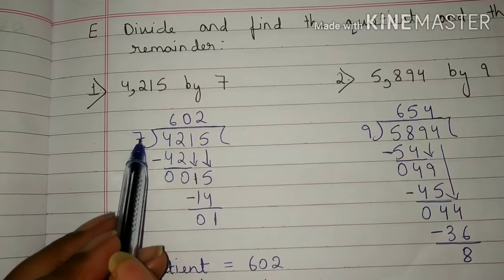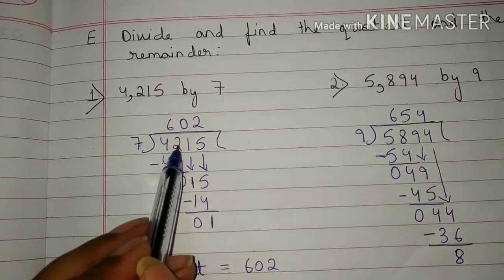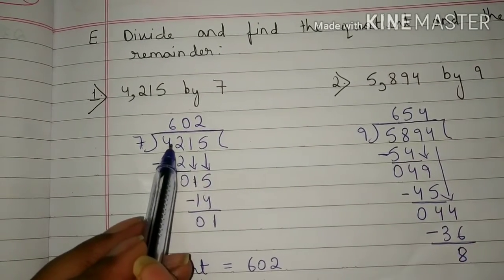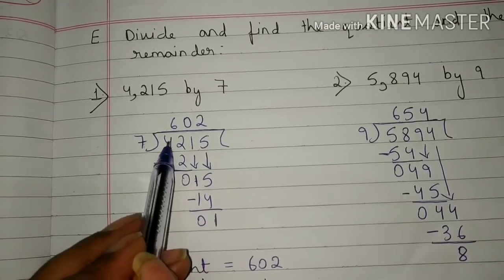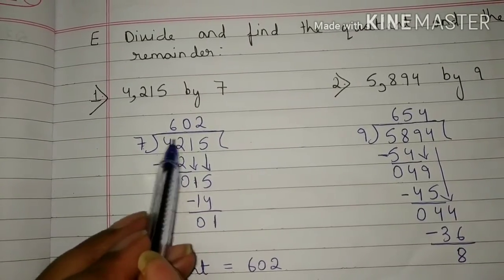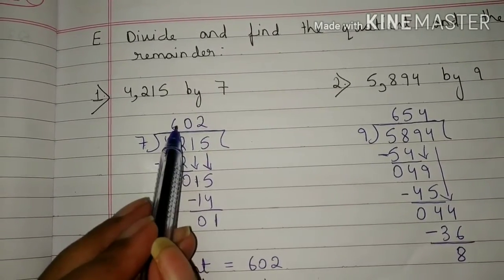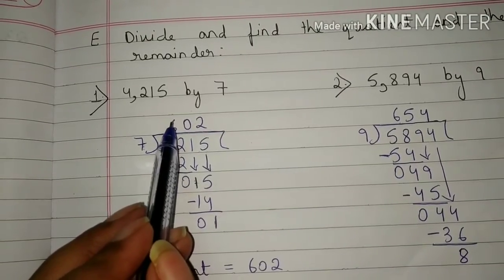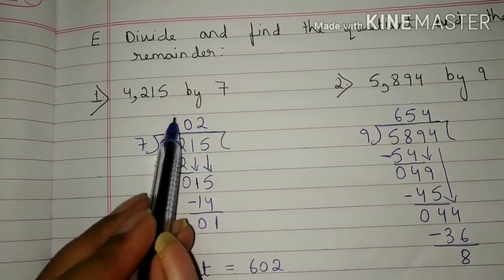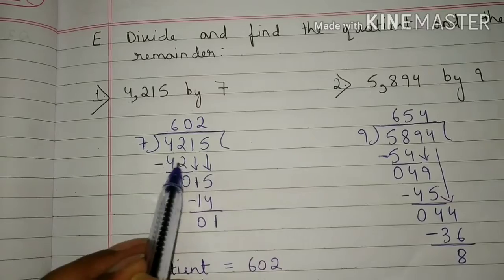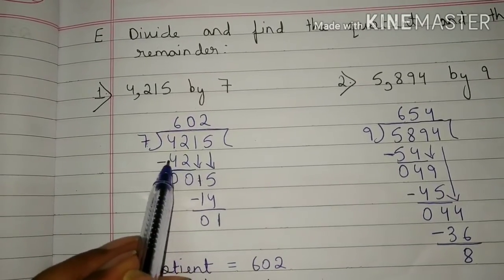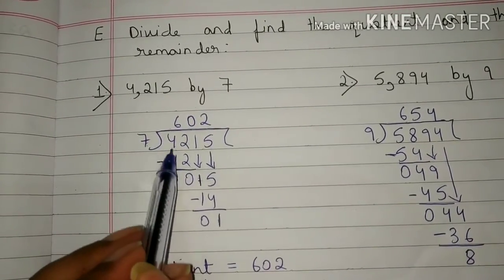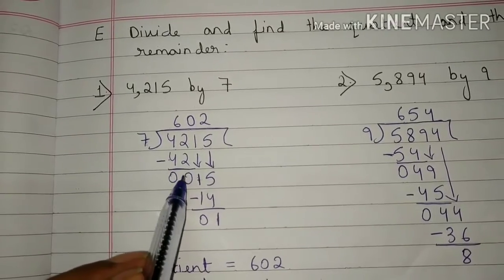Students, 7 6 is 42, which is equal to this number, that is 42. So we will consider 7 6 is 42. So we will write 6 here and 42 here. Now we will subtract the numbers. 42 minus 42 will give 0.